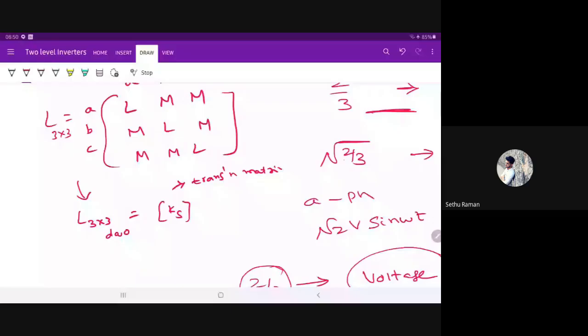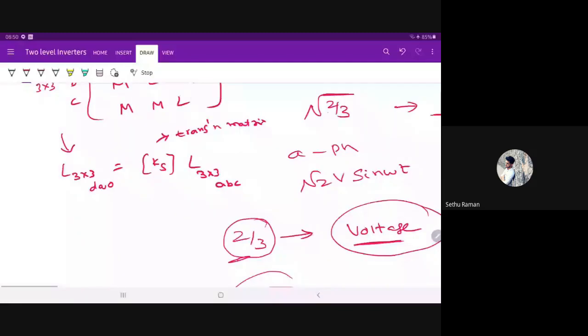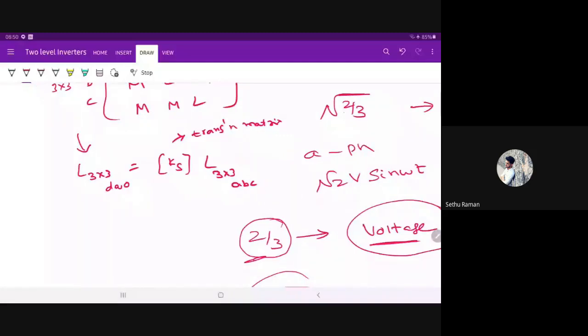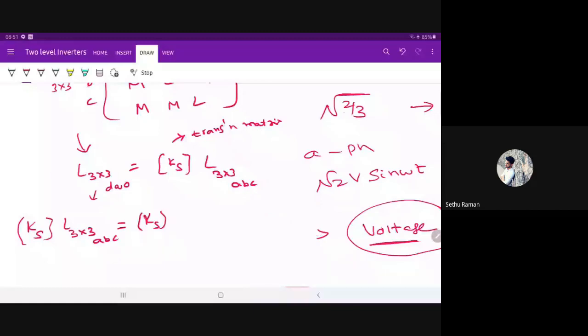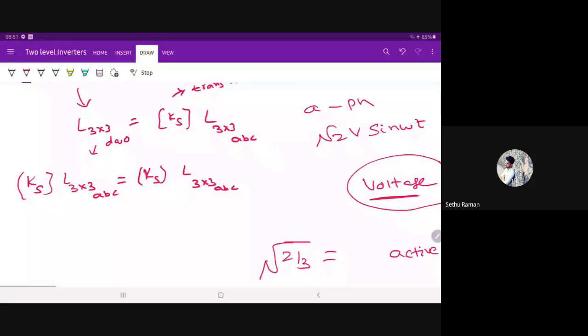And you will get 3 by 3 in ABC. So this also can be written as the same thing. I will duplicate this one, Ks into L 3 by 3 ABC. That is equal to Ks into L 3 by 3 ABC. Both are the same, right hand side and left hand side I have written the same thing.